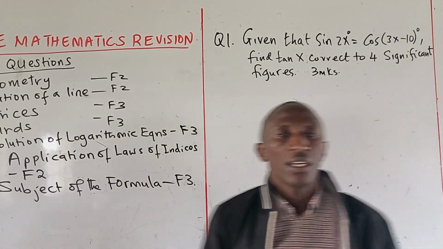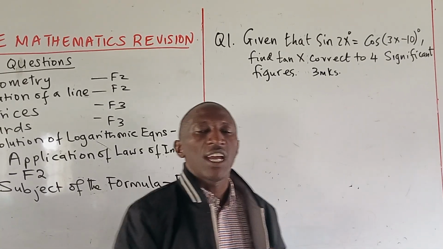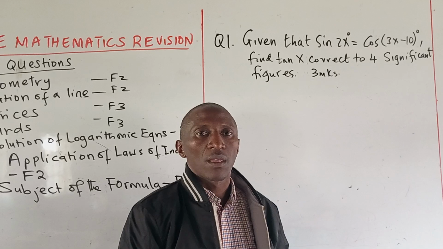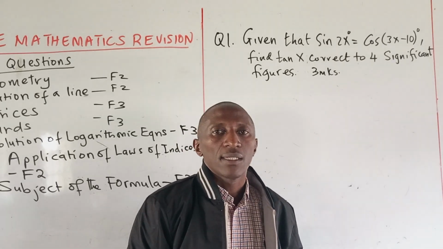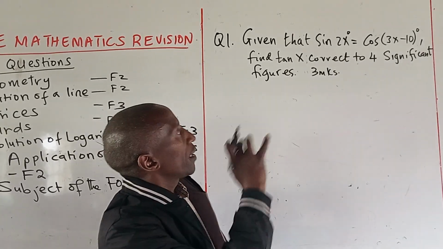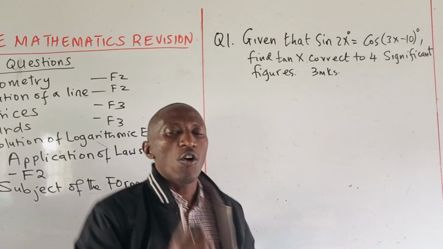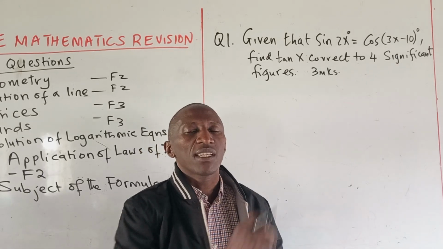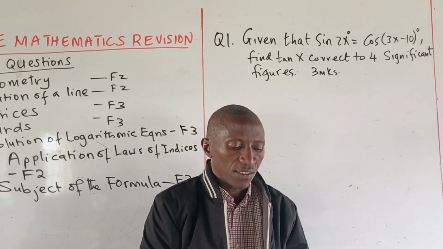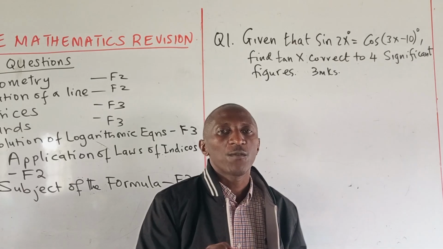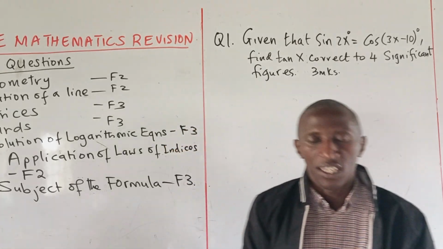So how do we solve this kind of a question? Most learners make common mistakes in this particular question, and I'll show you. The most important thing, let us first of all look at the theory behind this question.